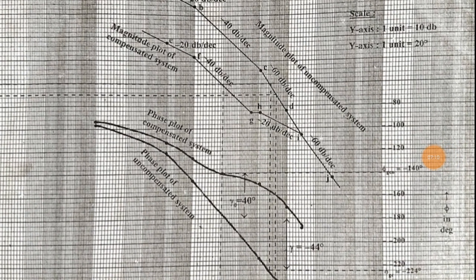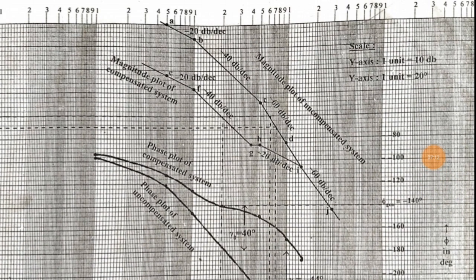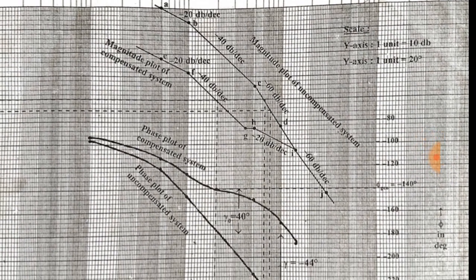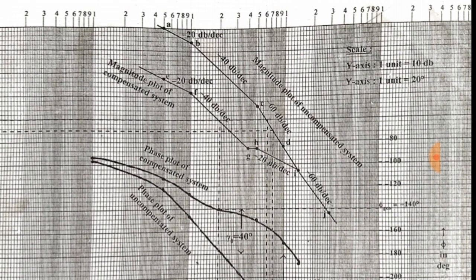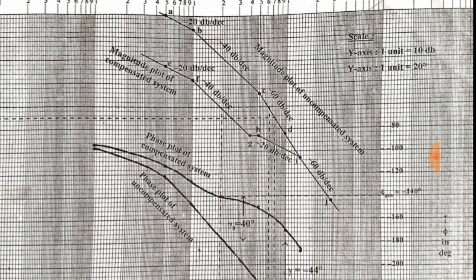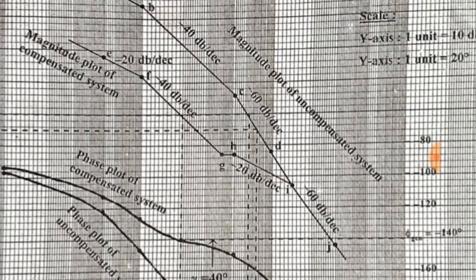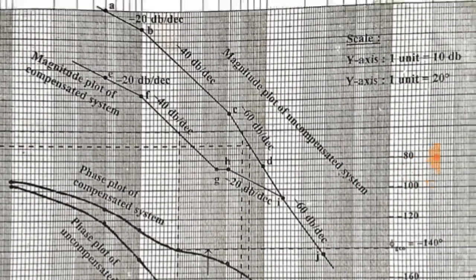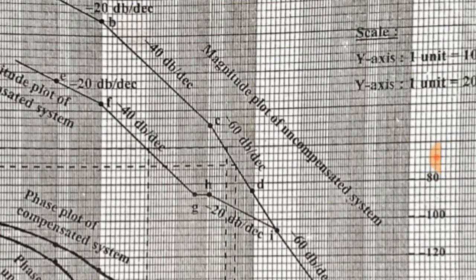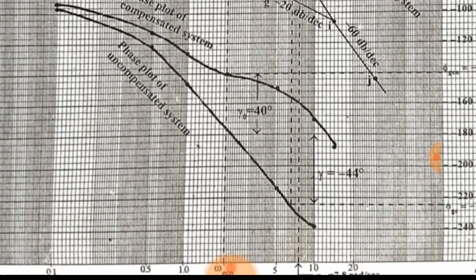So this is a Bode plot. See, it has both compensated and uncompensated magnitude plot and phase plot. First, we will look into the uncompensated. This is the magnitude plot of the uncompensated system, and this is the phase plot of the uncompensated system.